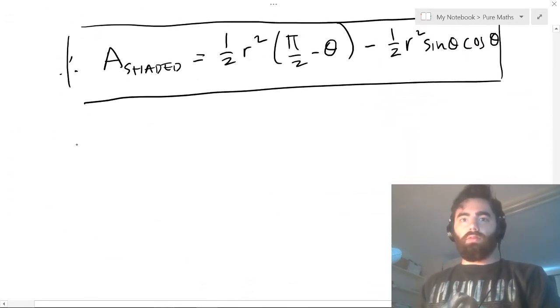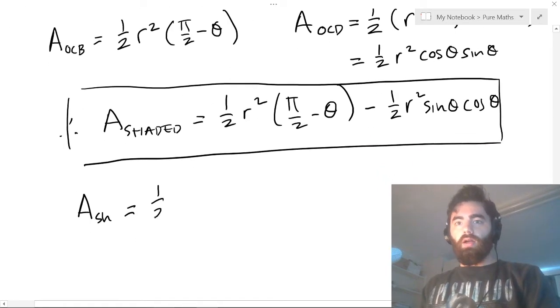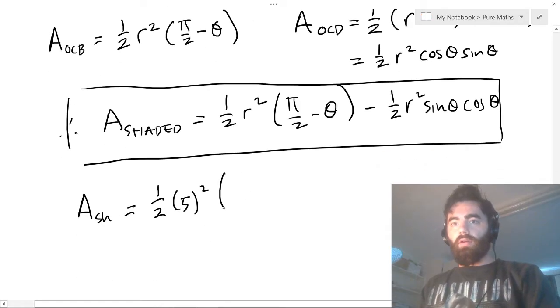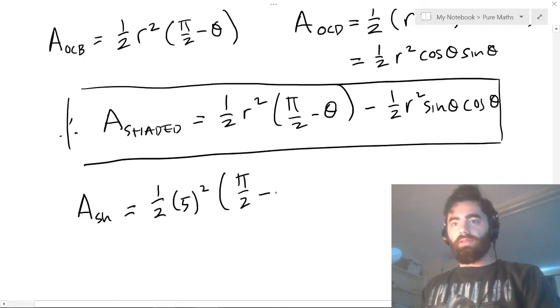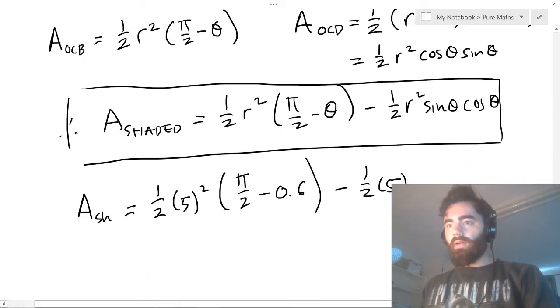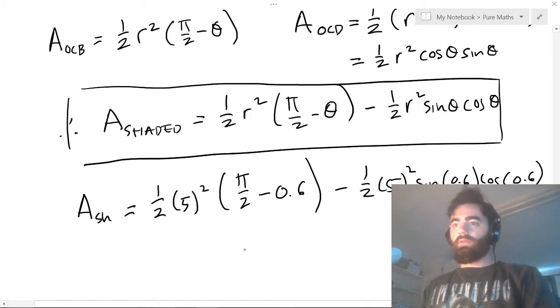Okay, but then obviously you need to sub these things in. So the area of the shaded region is going to equal a half 5 squared, because your r is 5, times pi over 2 minus 0.6, minus a half 5 squared times sine of 0.6 and cos of 0.6.